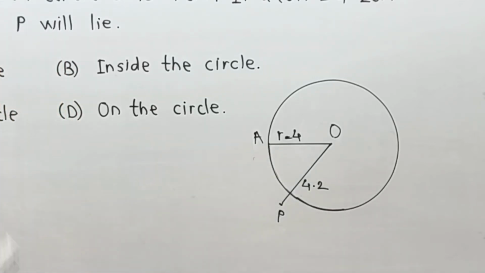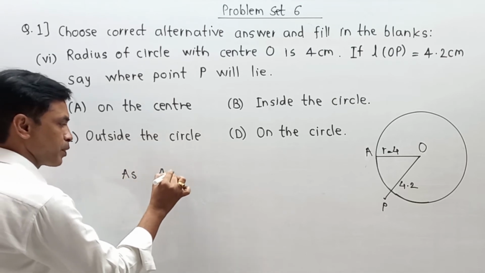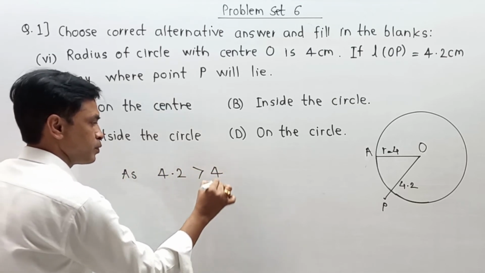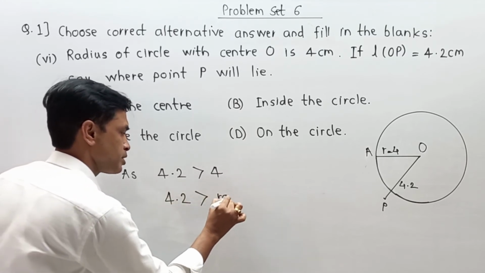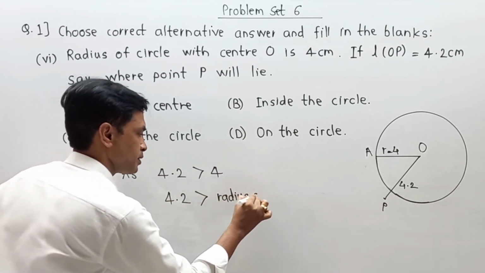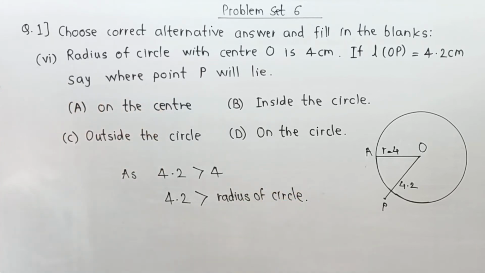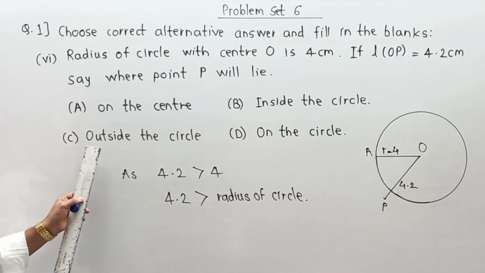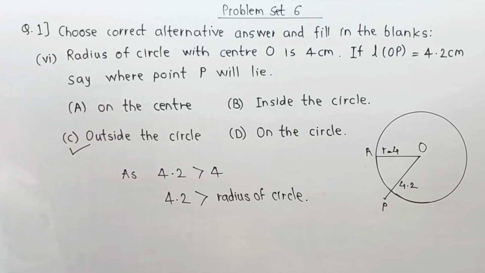Logically, you can also explain it as 4.2 is greater than 4, or you can say 4.2 is greater than the radius of the circle. Definitely, we can say that point P is outside the circle. Our answer C is correct over here.